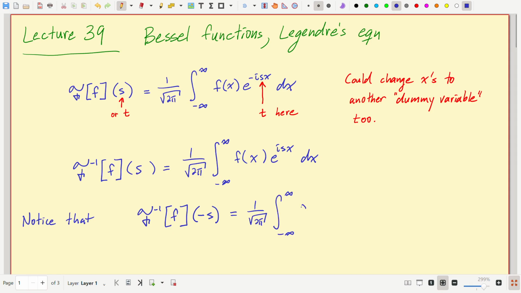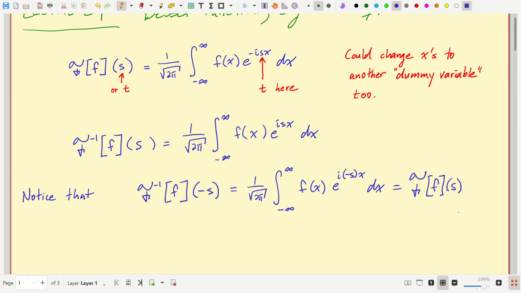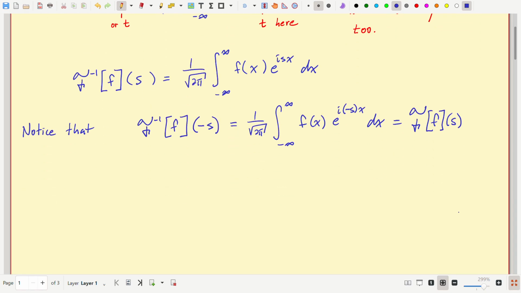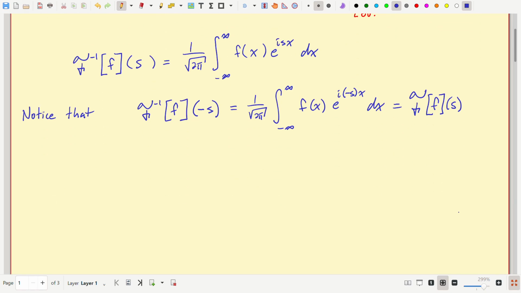So the inverse transform and the regular transform, I'd have here the integral of e to the minus isx dx, and that's the Fourier transform of f at s. That's nice to know. It's like they're not really different operators at all. They're just reflections of each other.